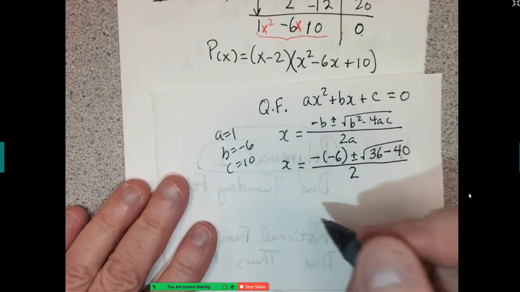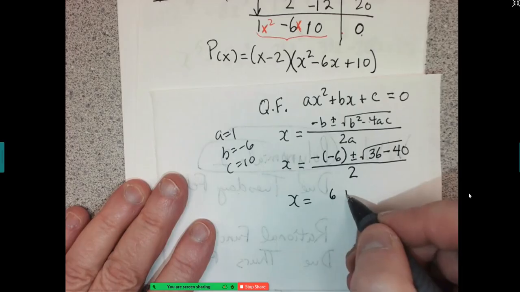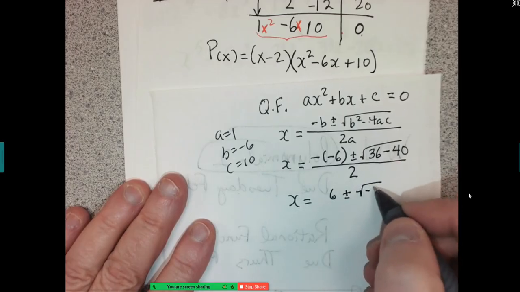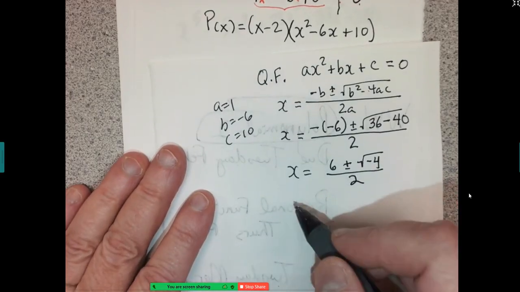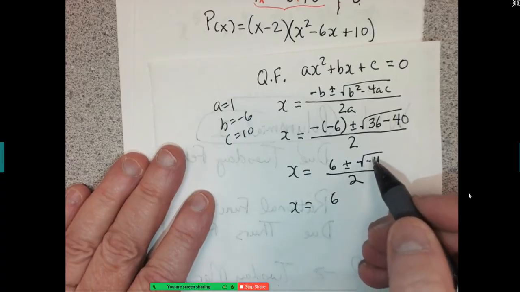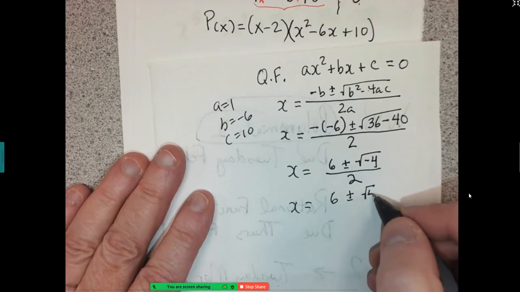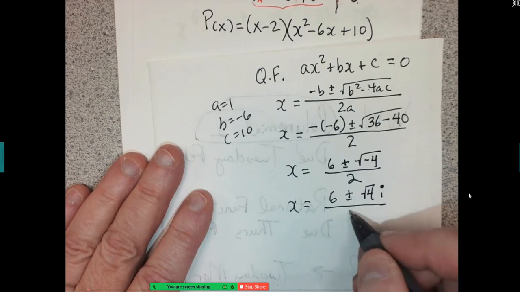So I can refine this. So that becomes positive 6 plus or minus the square root of -4 all over 2. Well, I can get the negative sign outside of this by rewriting this as the square root of 4 times i. And we do have to put our answers like that.